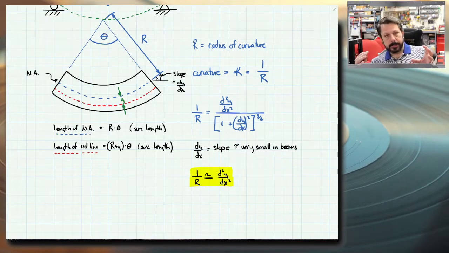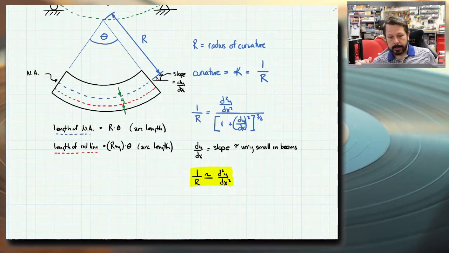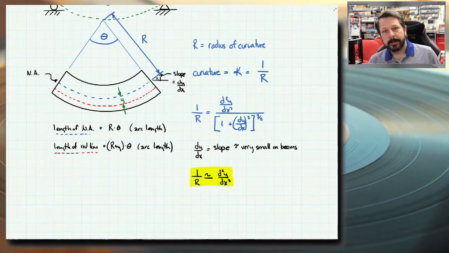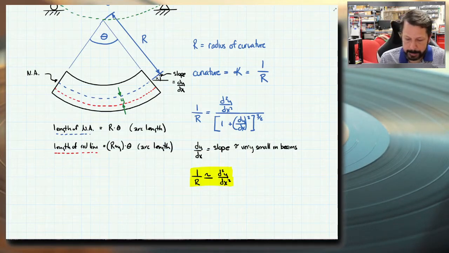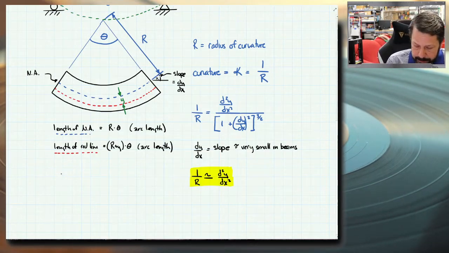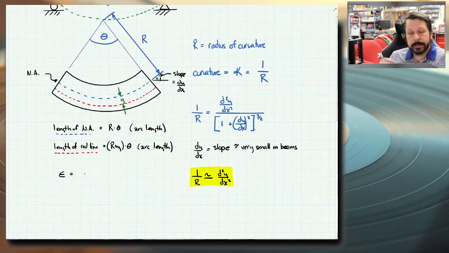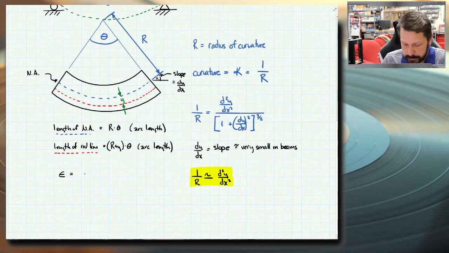But now that it is deflected, it's curved, the red one is longer than the blue one. And when we have lines that change in length, or dimensions that change in length, we used a term way back like the first week or second week of when we started all of this, called strain. And so we can calculate strain as the change in length divided by the original length.